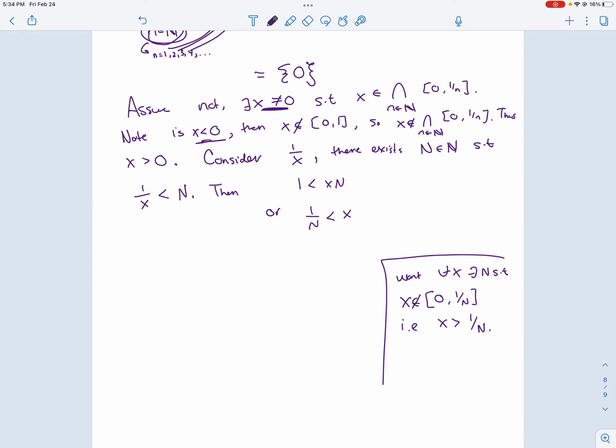So we can always find one that's smaller than it that doesn't have it. Since x is bigger than 1 over n, x is not an element of the set from 0 to 1 over n, so x would not be an element of the intersection of those. So for anything that's not 0, it can't be in the intersection. The only thing that could be in the intersection is 0. And that's how we show that.